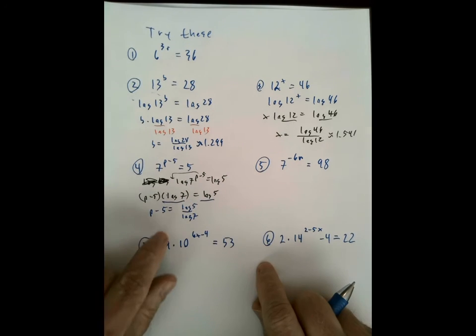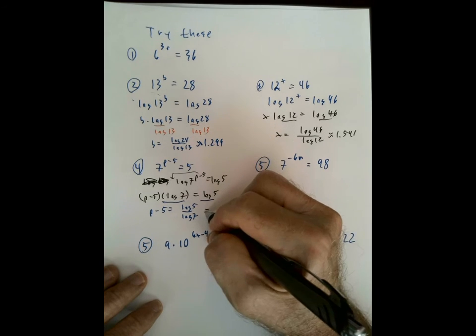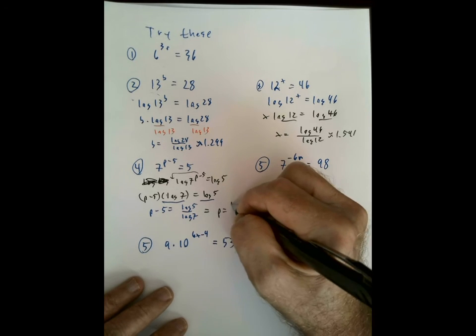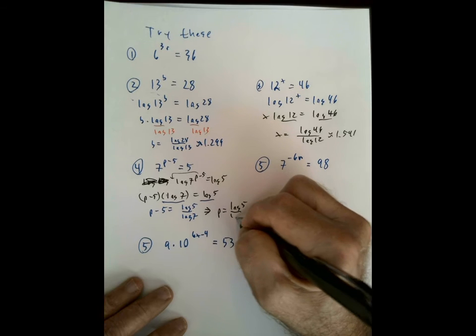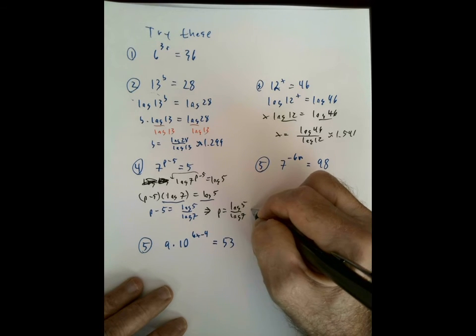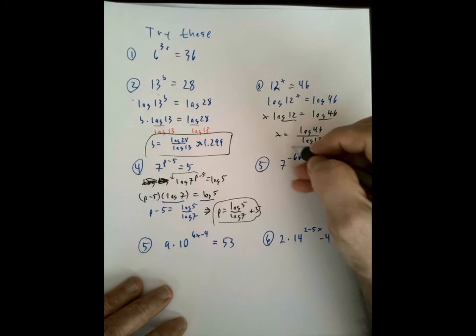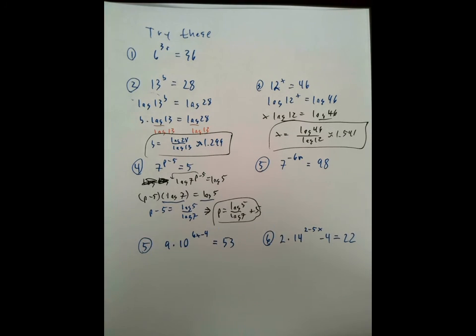And now, on this one, you could divide those out, but I'm not going to bother. I'm just going to add 5 to both sides. And my final answer, written as your book might say in exact form, p is equal to whatever log 5 divided by log 7 is, plus 5. So these are, let me circle them here, these are answers. I'm only doing the decimal ones to show you that it's a real thing that we're doing here.